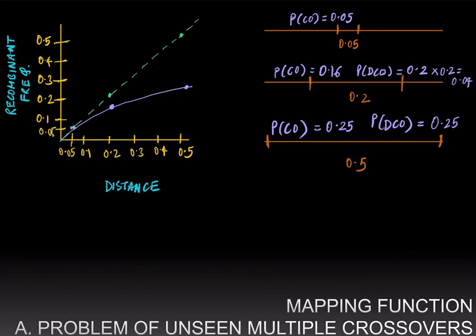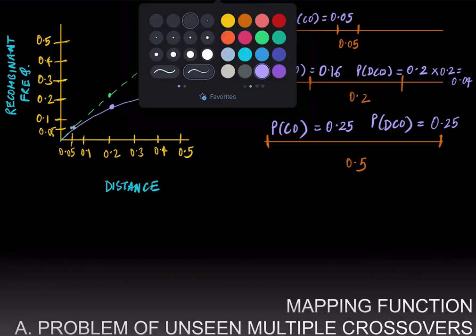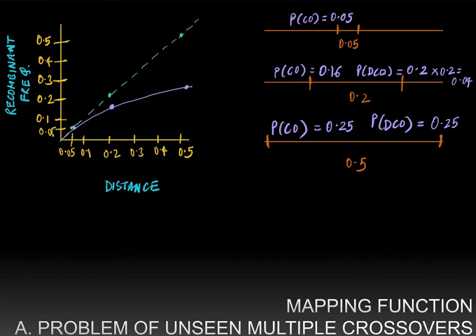So normally what we do when we measure distance using recombinant frequency is that we measure some recombinant frequency and then we use that number to translate it into a map distance using that green straight line.